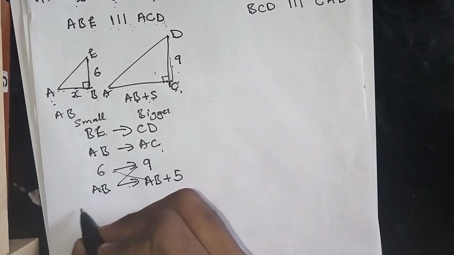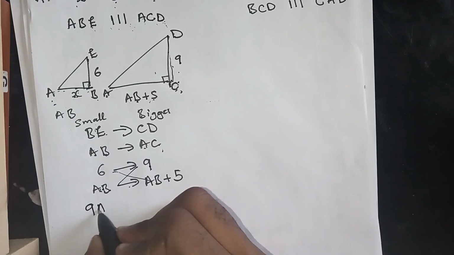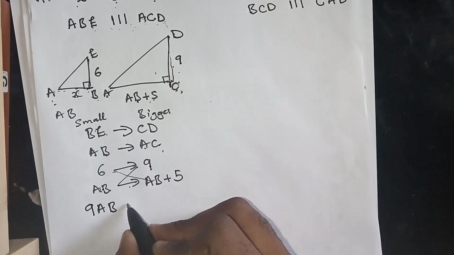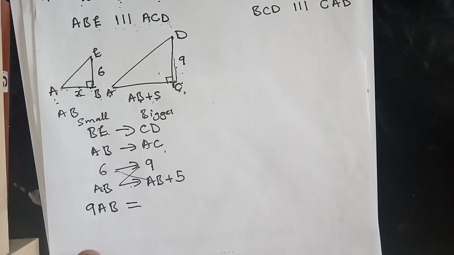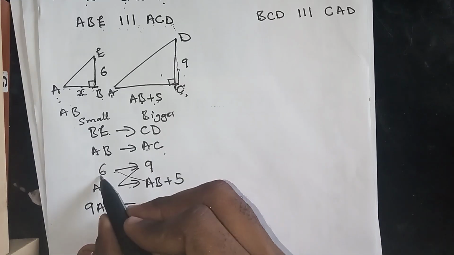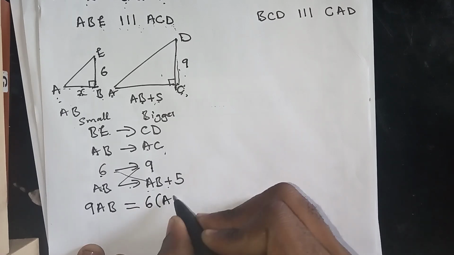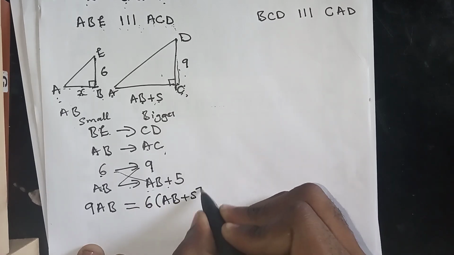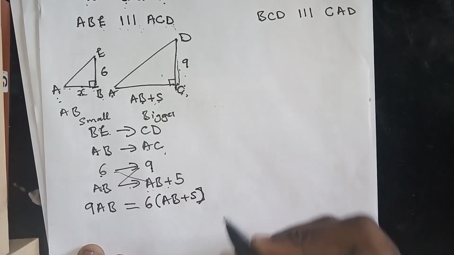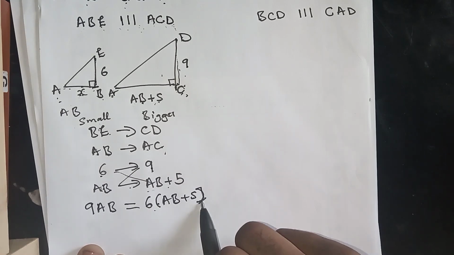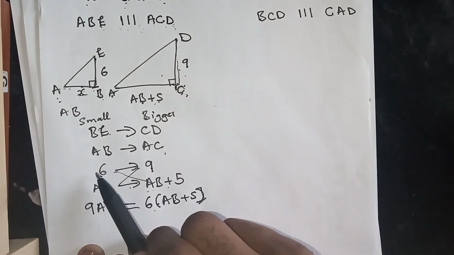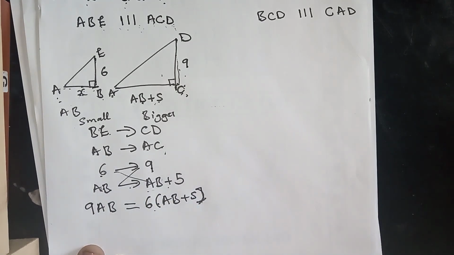So 9 times AB, this is 9AB, and then you can have an equal sign there. And then 6 by this, you can write it as 6 multiplied by AB plus 5. So make sure you put the brackets here unless you want to expand right there and then.